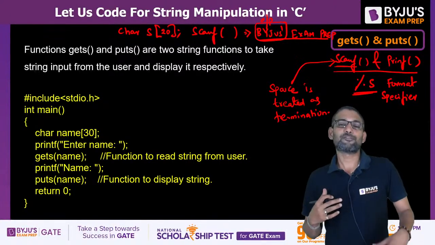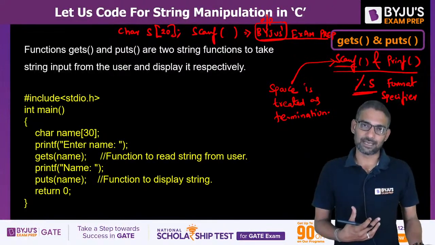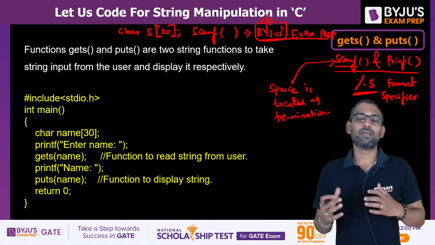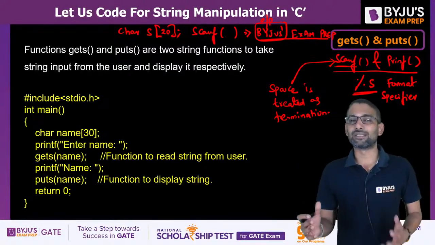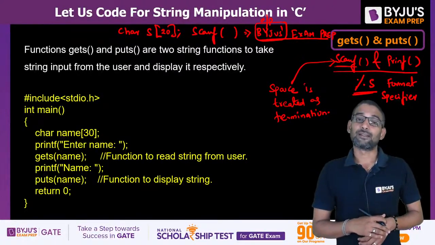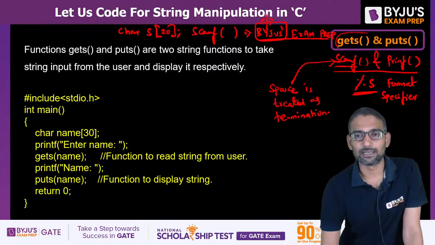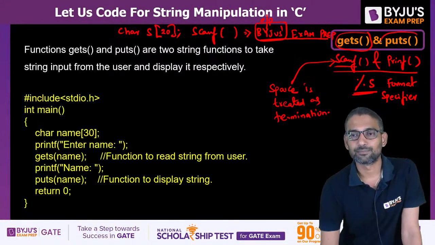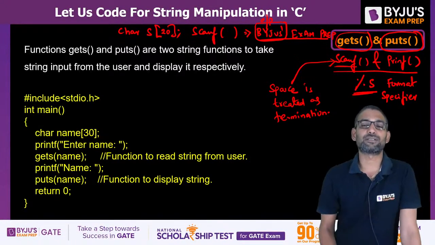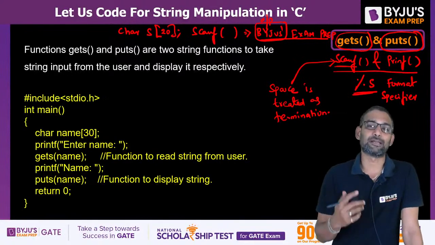But if we want the string to be accepted as it is entered, meaning whatever characters we enter are accepted as they are, then what can we use? gets and puts. So gets and puts are like replacements for scanf and printf.